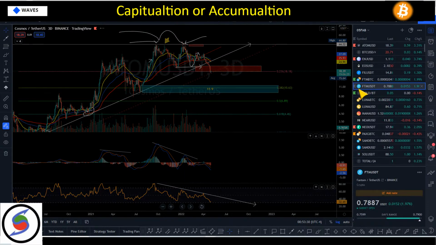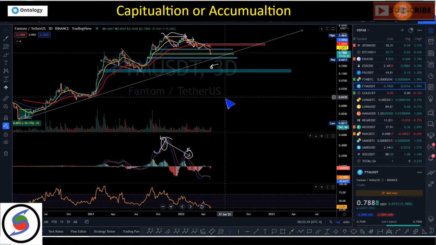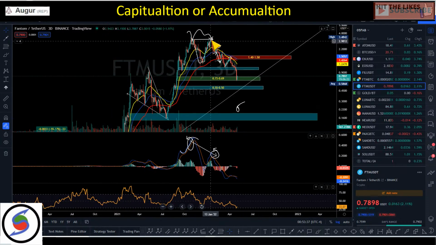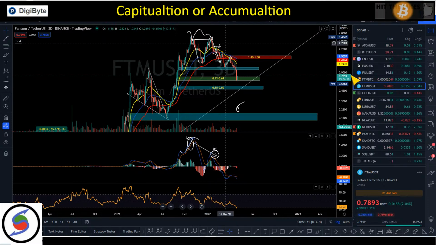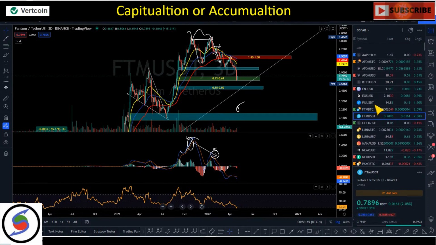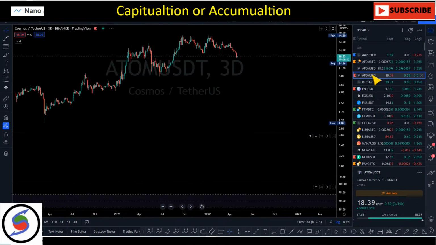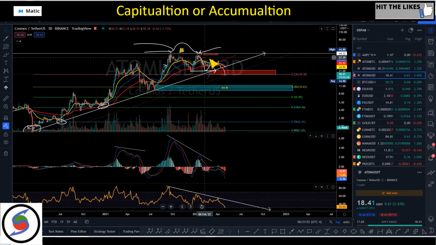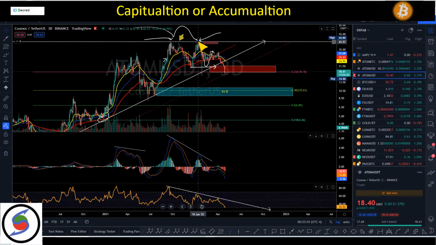So FTM, we did not anticipate the double top right here, but for Atom we anticipated it, because they both had the same setup, so no need to rush to trade both of them.